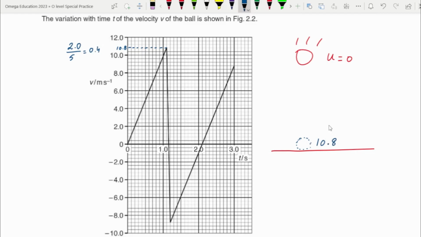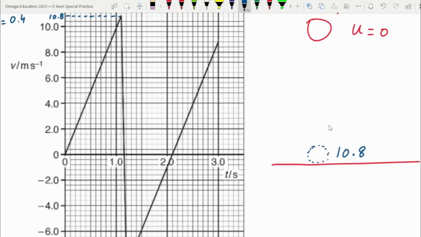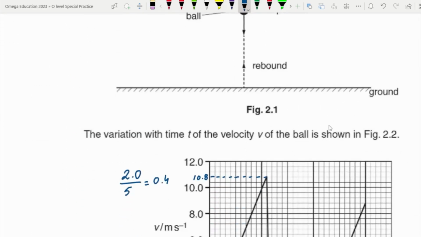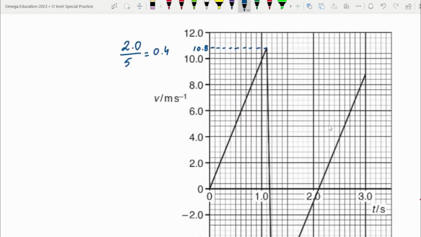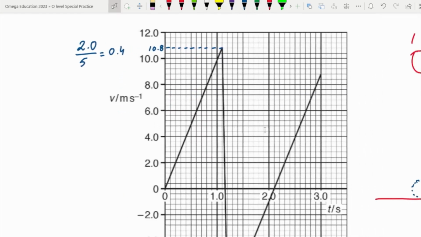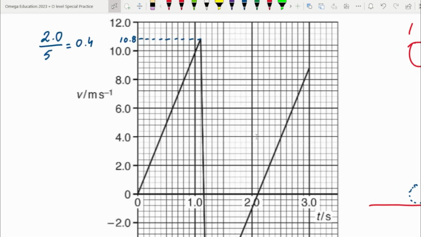And then what happens? At that time, the ball collides with the ground. The ball hits the ground, and as the ball hits the ground, it then rebounds. Let me ask you the question first. At what instant of time does the ball touch the ground? At 1 second, 1.1 second, 1.2 second? Let me draw a straight line over here.